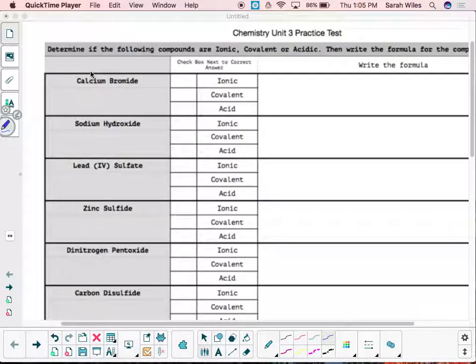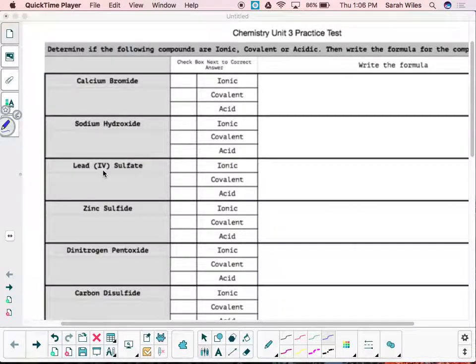Now, with identifying ionic, covalent, and acid, identifying acids is just as easy as it was with the H, because the acid name ends in acid, right? Like, so there you go. But the key for this one is going to be to say, okay, is that a metal or a non-metal?